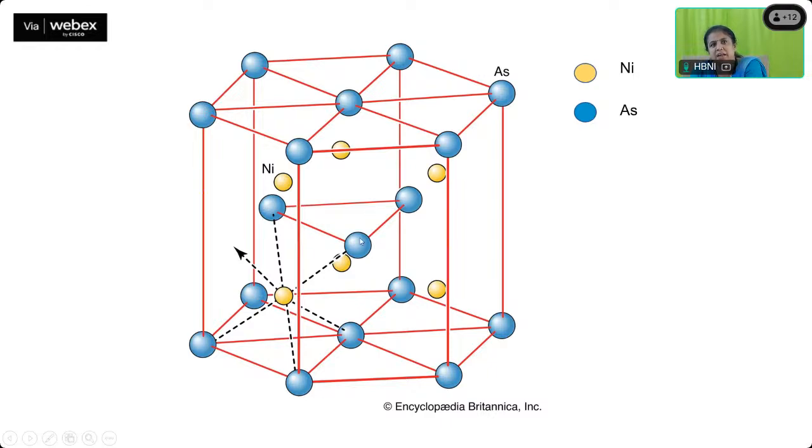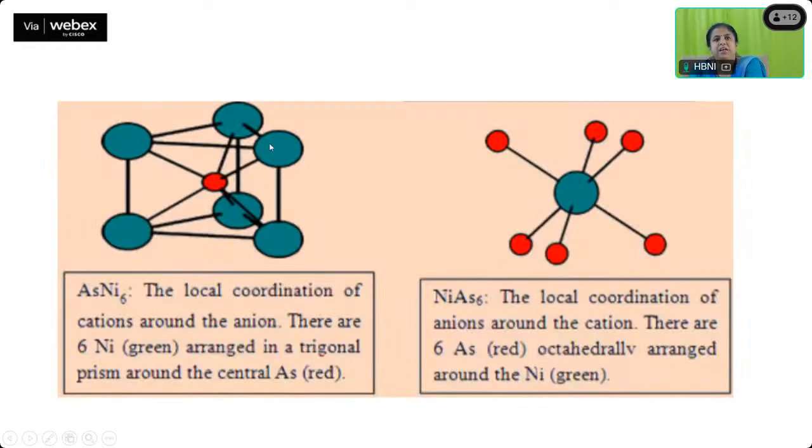So whatever arsenic comes in between, it is actually seeing nickel as 2 eclipsed triangles, exactly over one another. Okay, and this arrangement is called trigonal prism. It is a face of triangle and it is in the form of a prism. So the coordination number of both nickel and arsenic is 6:6, but the polyhedra of nickel is octahedral, polyhedra of arsenic is trigonal prismatic.